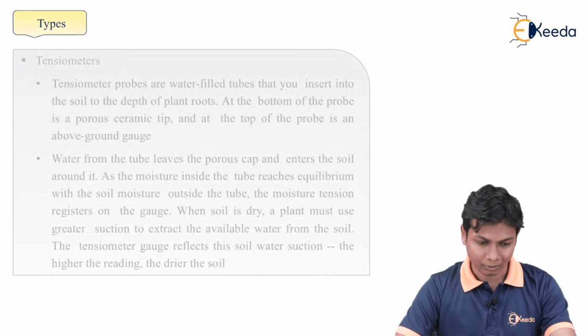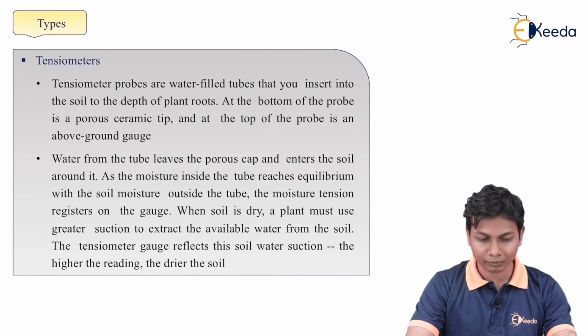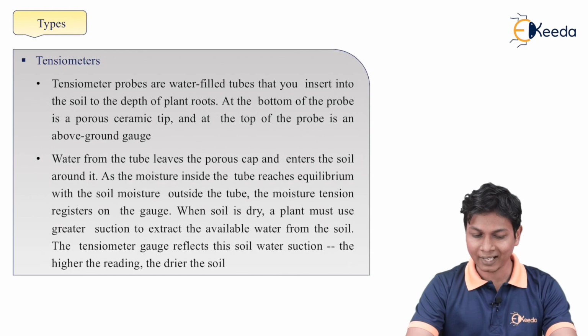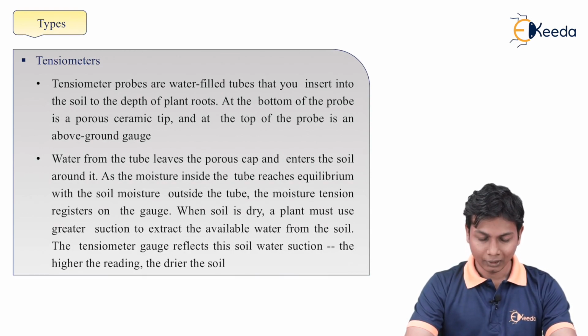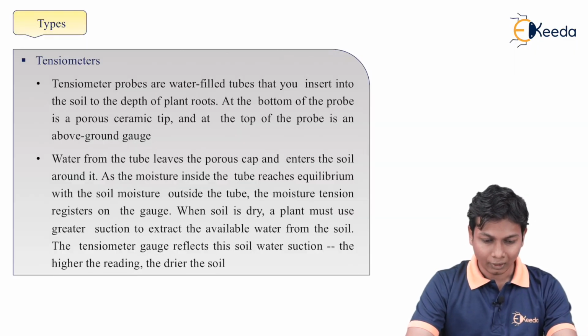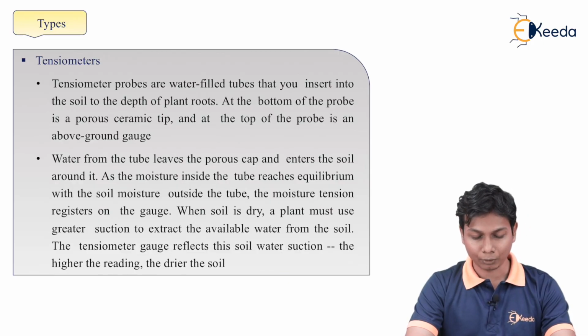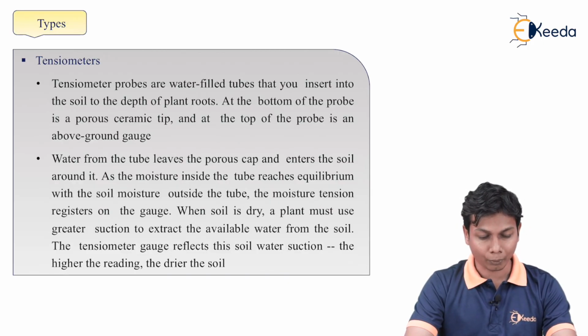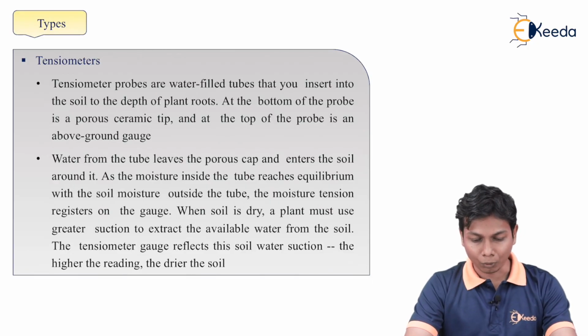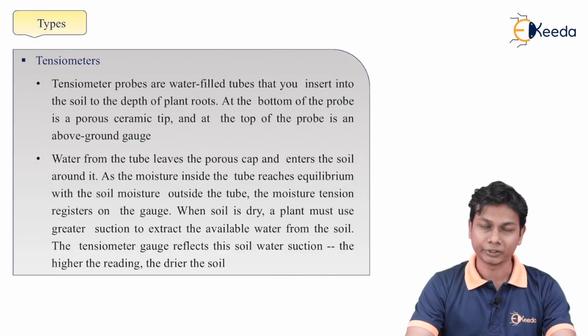Now, one of the basic types of moisture sensor is the tensiometer. What is that? Water-filled tubes that you insert into the soil to the depth of the plant root. At the bottom of the probe is a porous ceramic tip, and at the top of the probe is an above-ground gauge.